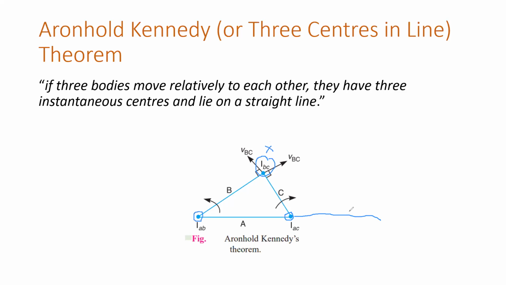It will be somewhere here on the line which is joining the previous two ICRs. It may be here or it may be here, but not here. This theorem you have to keep in mind in order to find out the location of other ICRs.